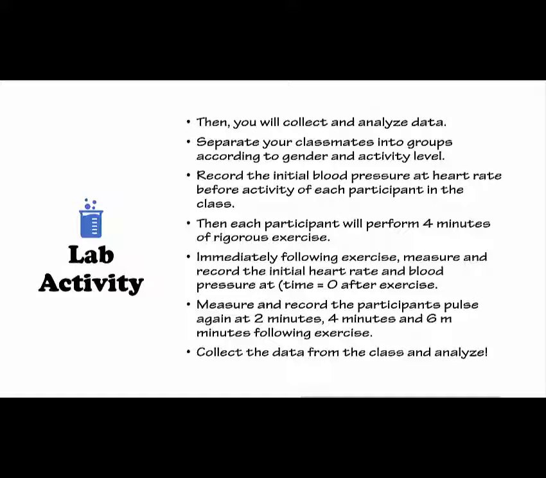Immediately following exercise, measure and record the heart rate and blood pressure at time equals 0 after exercise. Measure and record the participant's pulse again at 2 minutes, 4 minutes, and 6 minutes following the exercise. Collect the data from the class and analyze.